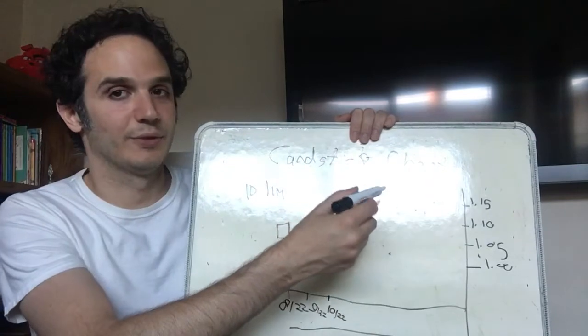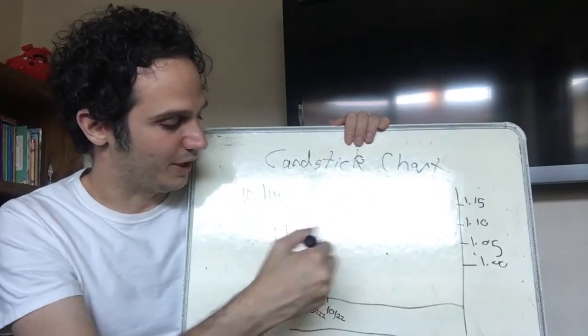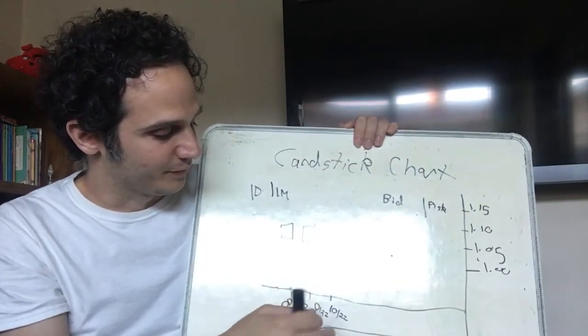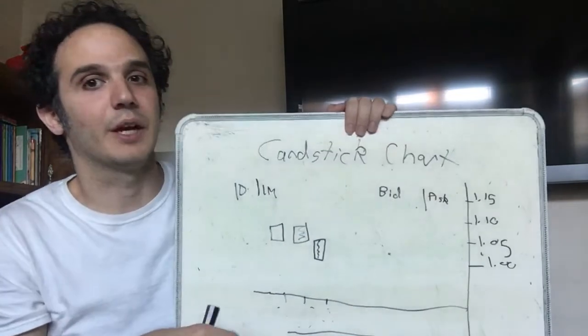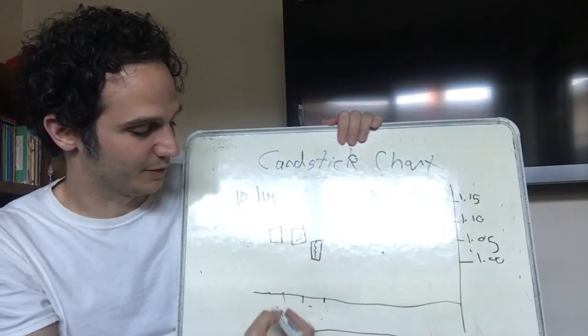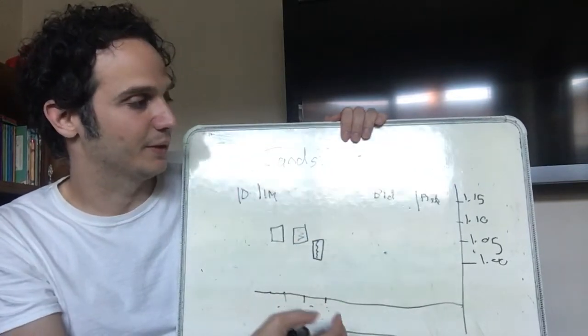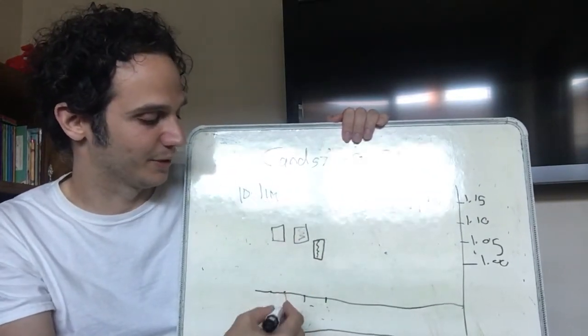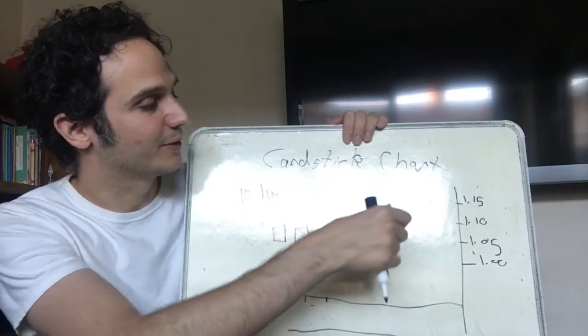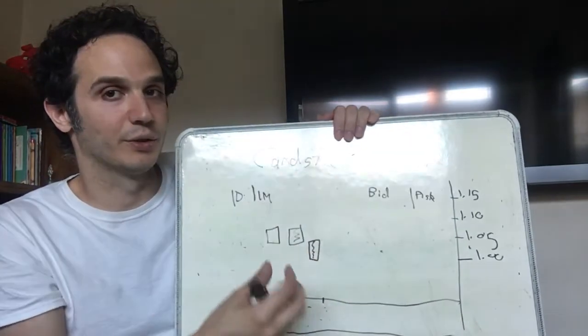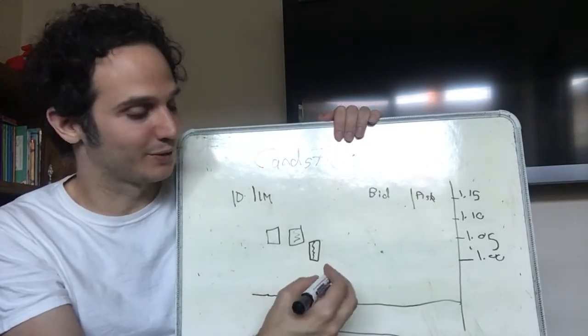And so on the level 1, you would see the current price. Down here now it would represent the minutes. I don't need to write it again, but it could be like 9:30, 9:31, 9:32, and on the bid it would show the current price.